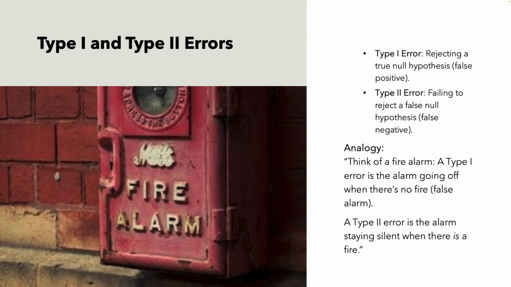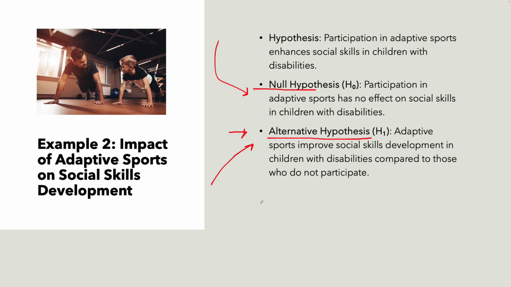Now, a type 2 error is the opposite. It's when I fail to reject the null hypothesis and I have a false negative. So let's go back here and clean this up. Let's say I do all my collection of data. I run all my tests. I meet with all my subjects. And let's say a mistake was made and I don't know about the mistake. And I'm like, man, all my p-values are at 0.19.